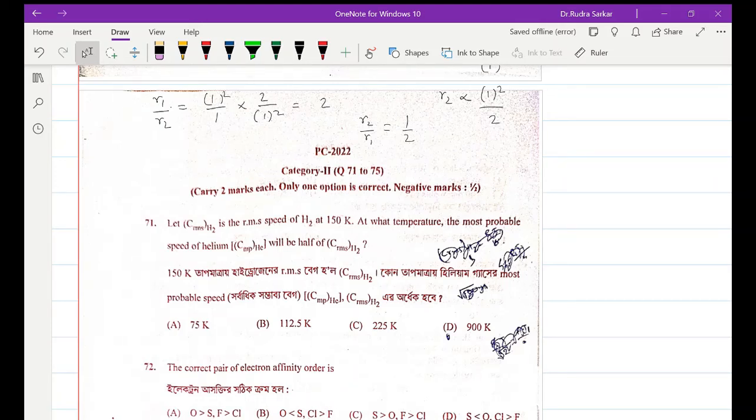So according to the sum, we will say C_rms of H2 is half C most probable of He.